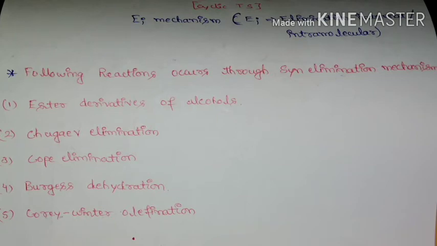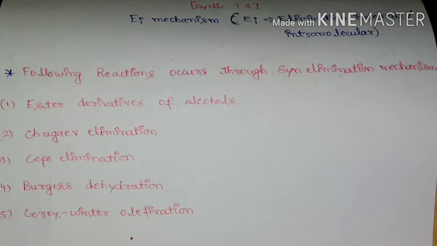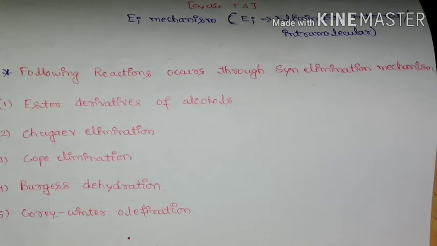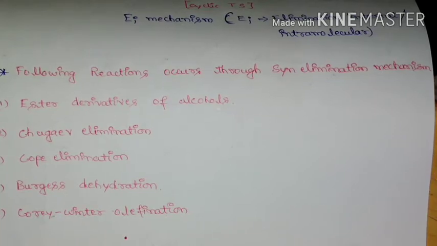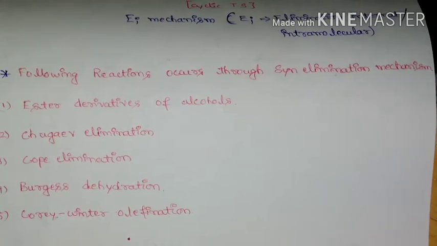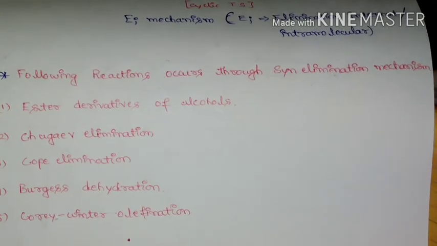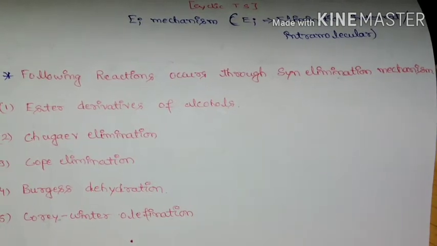So these five reactions occur through syn elimination mechanism, involving a cyclic transition state where there is internal elimination of two vicinal substituents. We will see these reactions and how we get alkene as product.